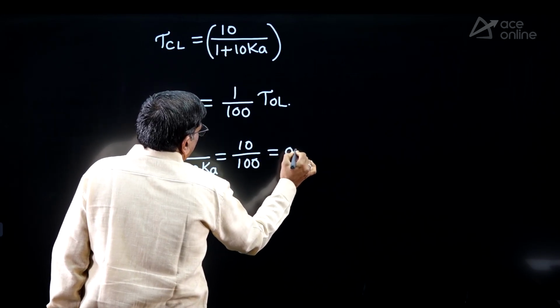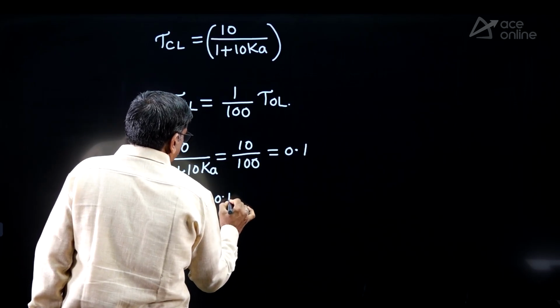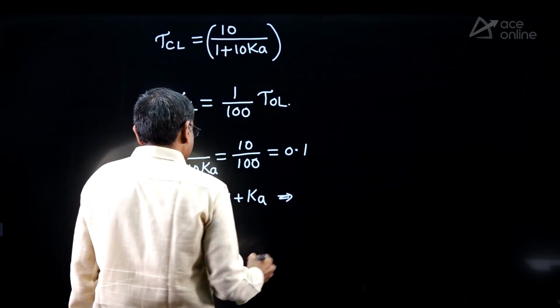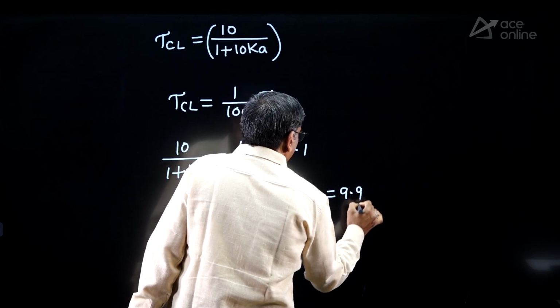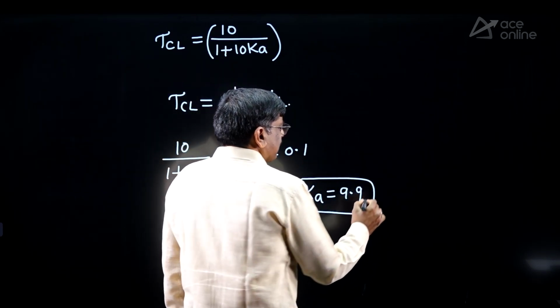Then you get 0.1. Then 10 equals 0.1 plus Ka. So Ka equals 9.9. Approximately we can take it as 10.